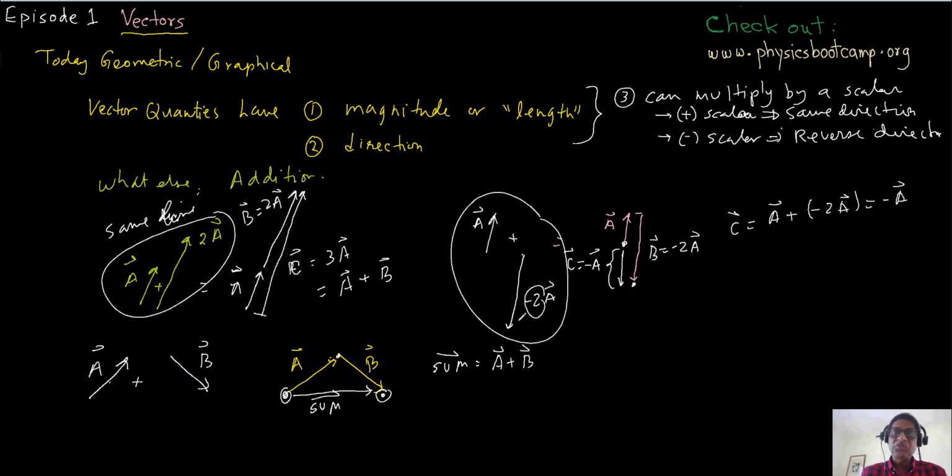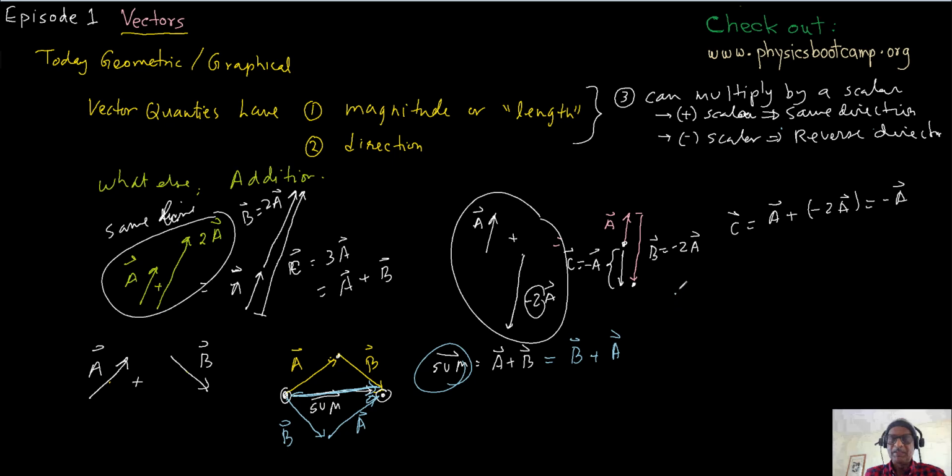Now you can see a very interesting thing here: had I drawn B first, and then drawn A, I would end up the same way. So this will be the same as if you draw B first and A later. And this sum is just going along the diagonal. So A and B are the sides of a parallelogram, and the sum is the diagonal.